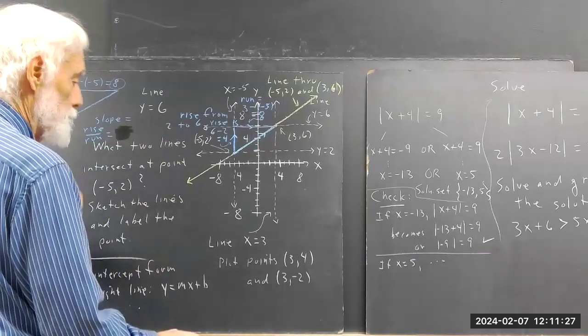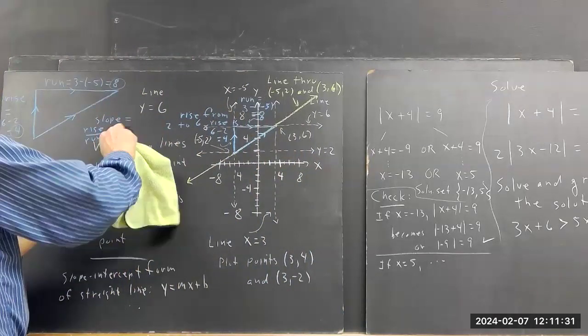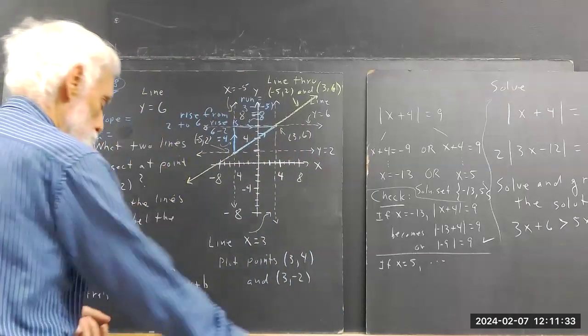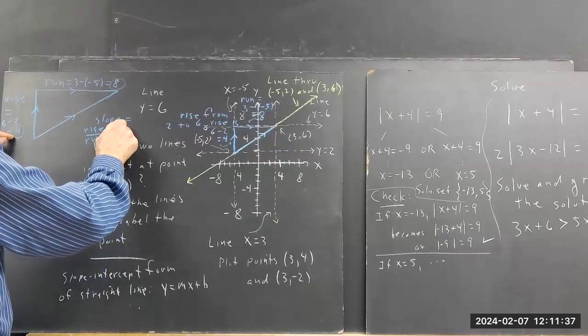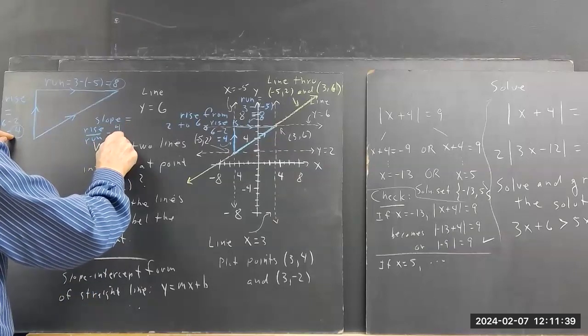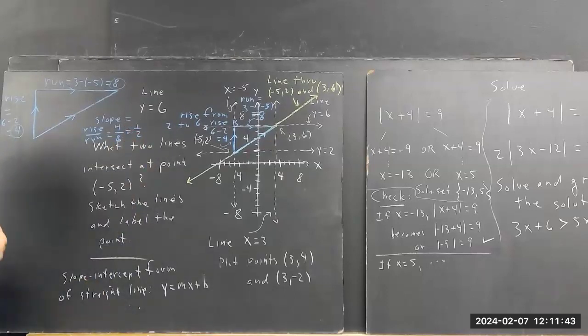Okay, let's try to get it right. Rise over run is, rise is 4. The run is 8, and of course, that's 1/2.